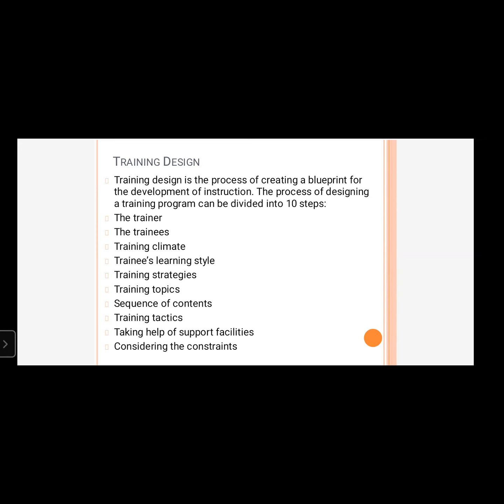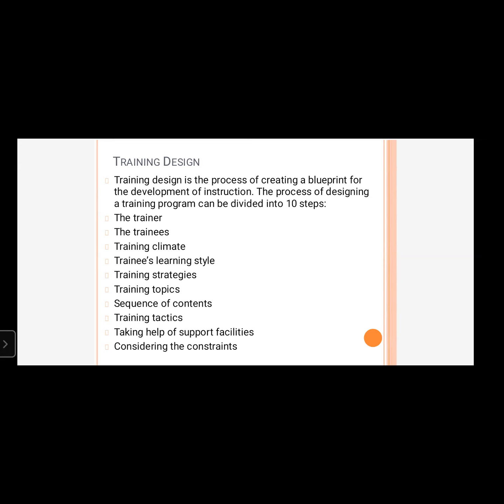First, he should have good knowledge over the subject which is being taught to the trainees. Suppose he is to impart the training of, say, machine operations.